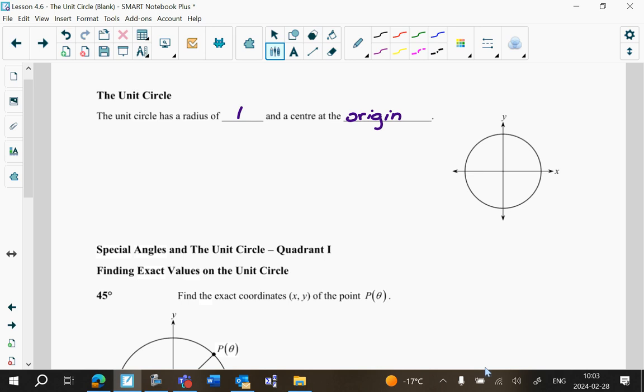Okay, so if I draw a right triangle on the unit circle, remember the hypotenuse comes from the origin to the circle, well, that's 1, because it has a radius of 1. Finish the right triangle in quadrant 1, well, this length is going to be whatever the value of x is at this point. And this vertical length is going to be whatever the value of y is.